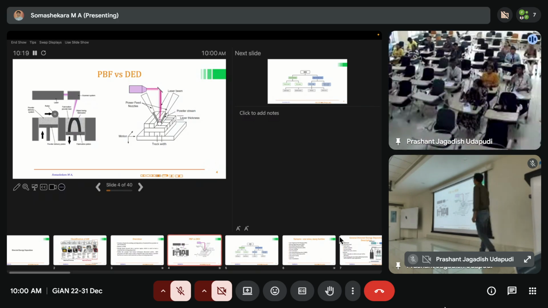Now you may have a different form, in this case the powder, but you can also go for wire form. You can feed the wire and use the laser for melting the wire. As soon as you melt it, you simply move away from there, moving the plate, which is basically X and Y, and then you get the deposition, right? Sometimes you may have a powder form or a wire form, or sometimes you might observe a different configuration.